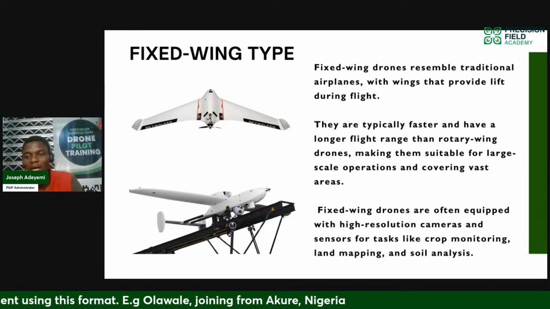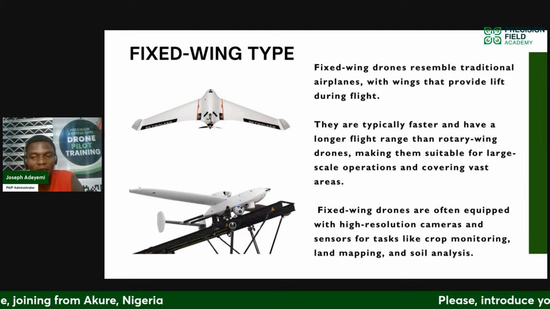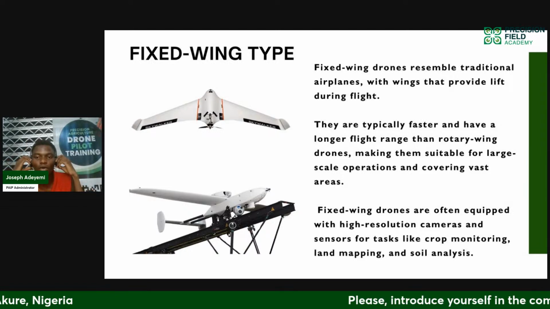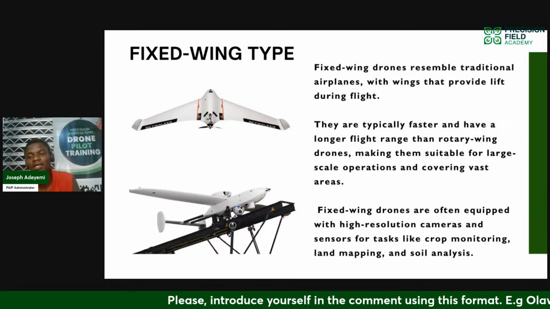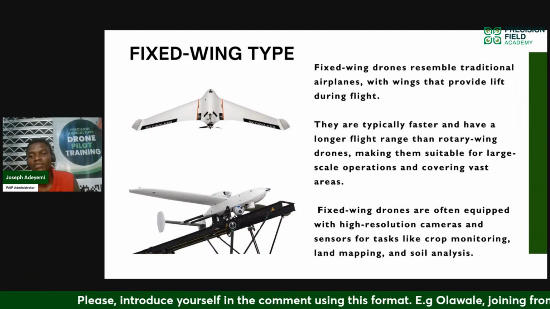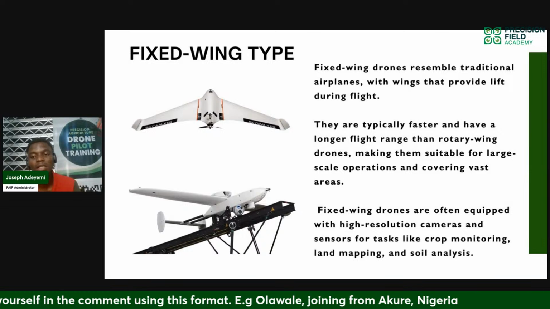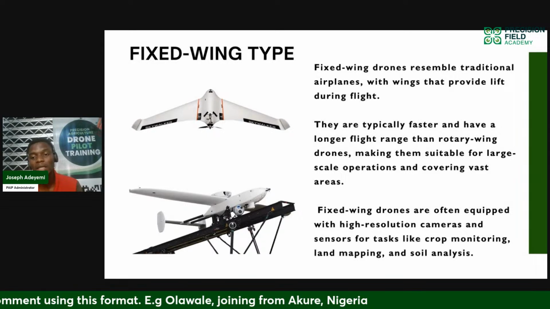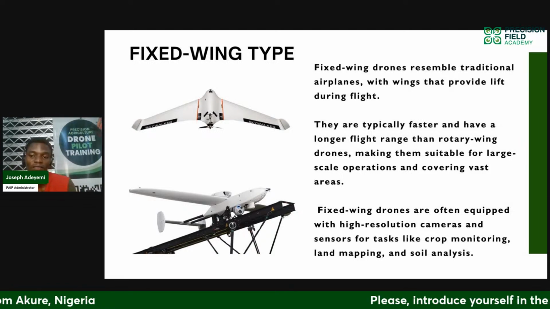Fixed wing resembles your traditional airplane, and it uses the wing primarily to generate lift for the flight principle. So it's typically faster and has a longer flight range than rotary wing, making it stable for longer scale operations and covering vast areas.